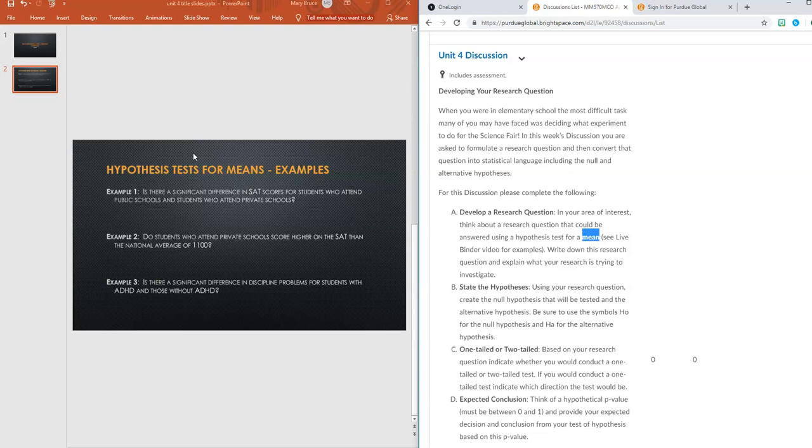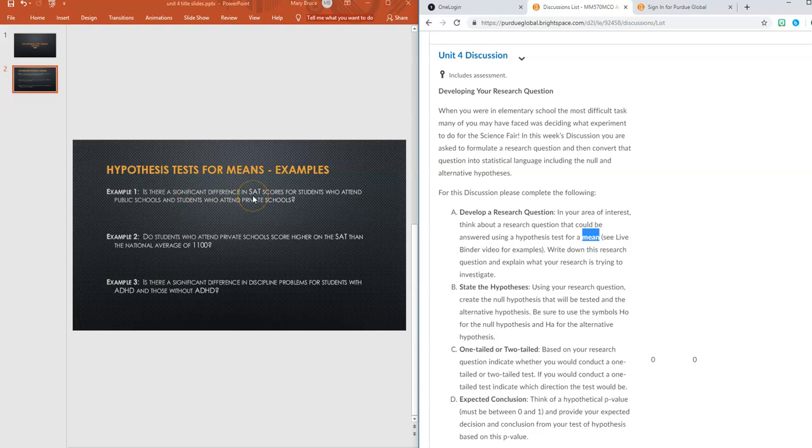So example 1 over here: is there a significant difference in SAT scores for students who attend public schools and students who attend private schools? This would be an appropriate research question for this particular week in the discussion. And the reason why, things to think about.